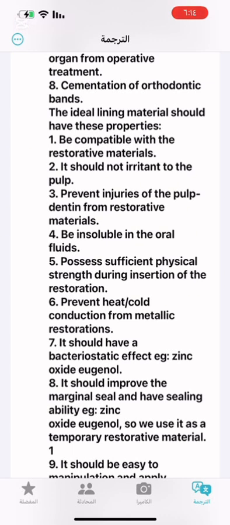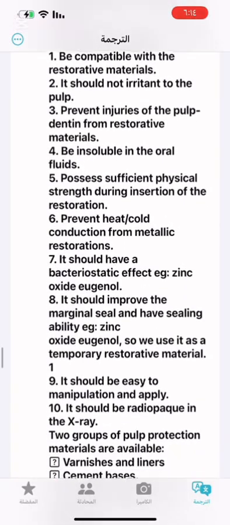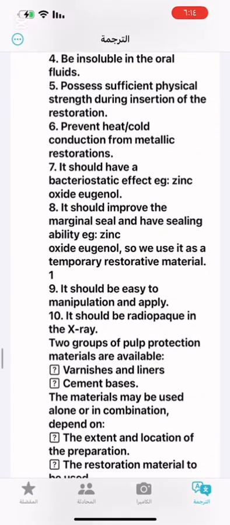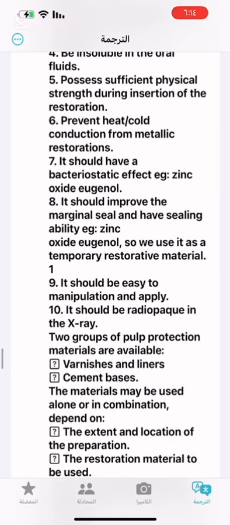Be insoluble in the oral fluids. 5. Possess sufficient physical strength during insertion of the restoration. 6. Prevent heat-cold conduction from metallic restorations. 7. It should have a bacteriostatic effect.